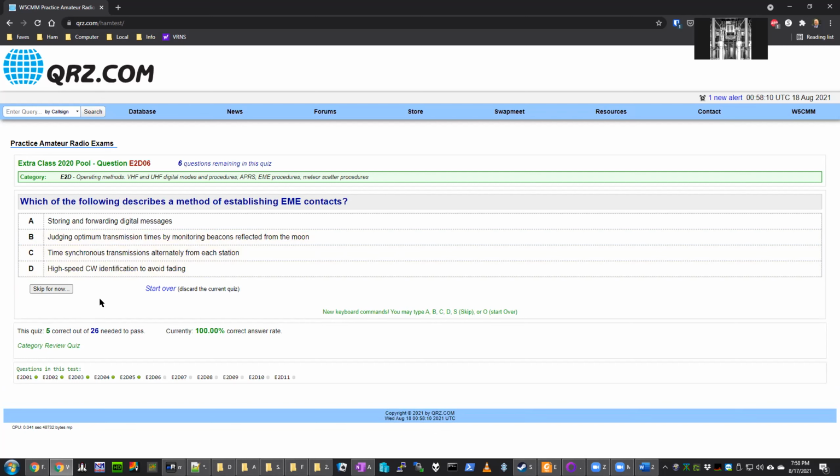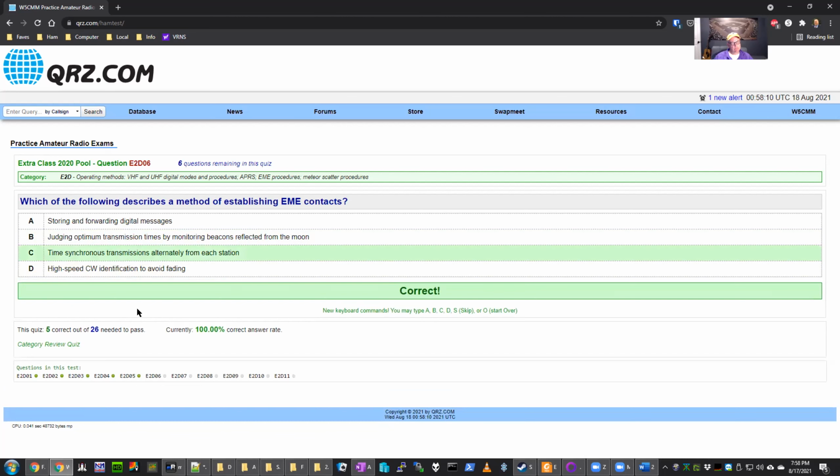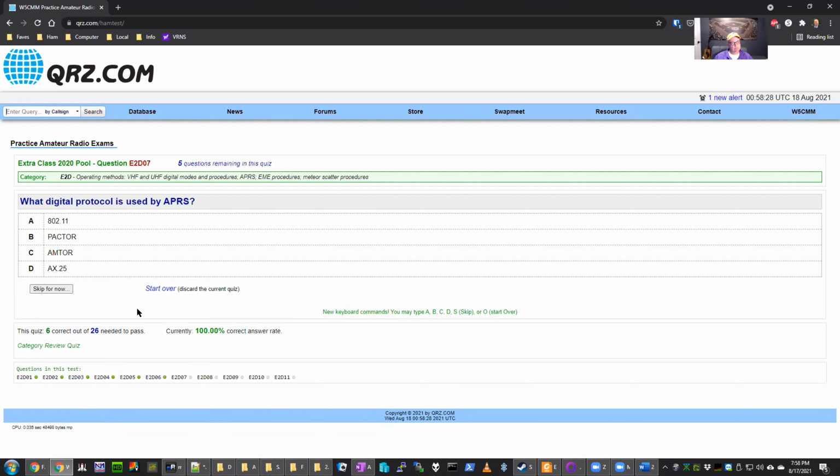Which of the following describes a method of establishing EME contacts? C, Charlie. Yeah, that's going to be C. What digital protocol is used by APRS?